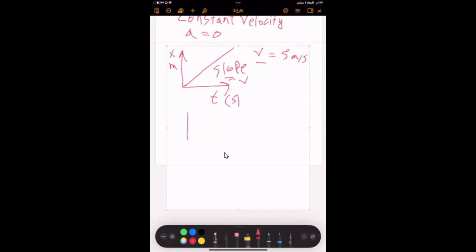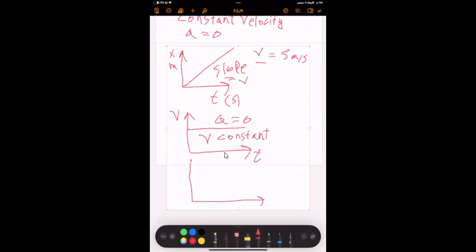Okay, the velocity-time curve in this case will be like this. V is constant, so it will be a line parallel to the x-axis. Here v is constant, and a will be 0. The acceleration will be 0.